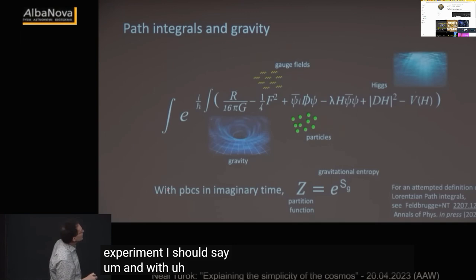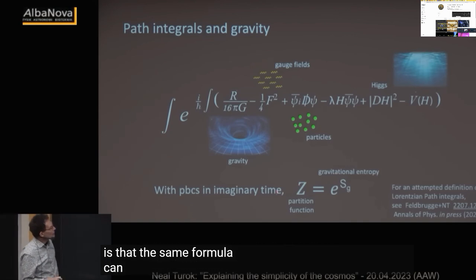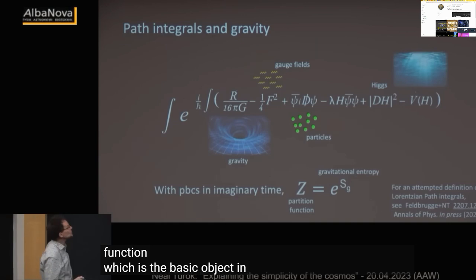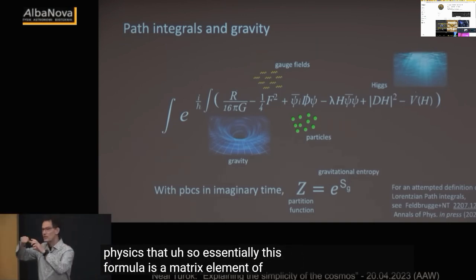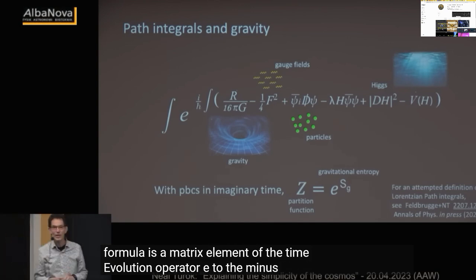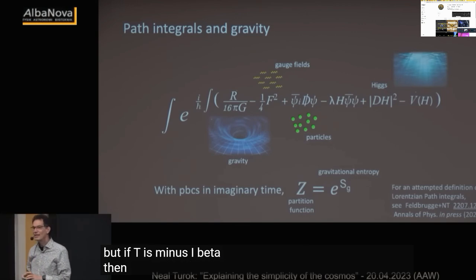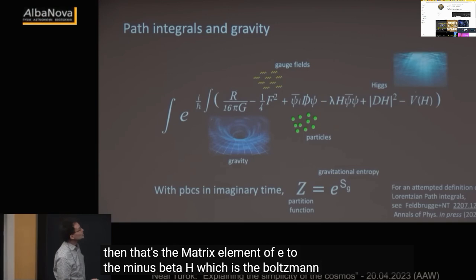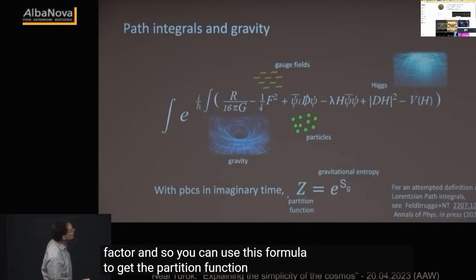Now what Hawking realized is that the same formula can be used to calculate the partition function, which is the basic object in statistical physics. So essentially this formula is a matrix element of the time evolution operator, e to the minus iHt. But if t is minus i beta, then that's the matrix element of e to the minus beta H, which is the Boltzmann factor. And so you can use this formula to get the partition function.